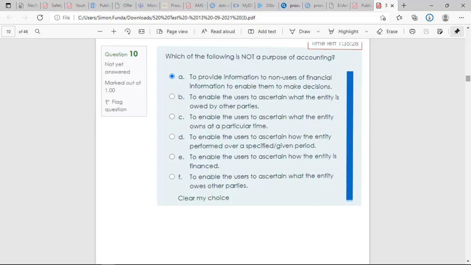So meaning that which is it: to provide information to non-financial users of financial information to enable them to make decisions. Yeah, so this is not true. Whatever we do, we are doing it for the users, not for non-financial users. So this one is also straightforward.